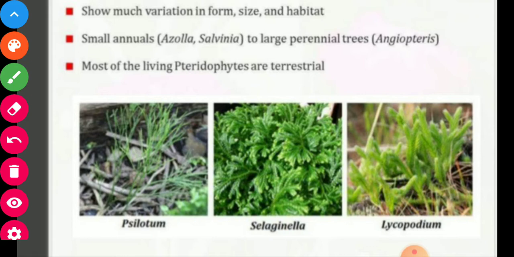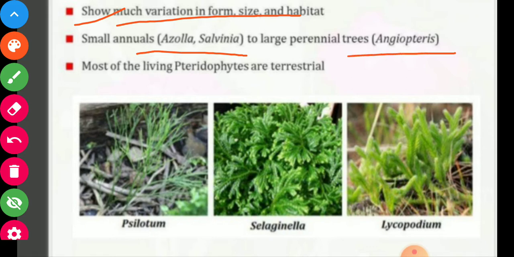They show much variation in form, size and habitat. Small annual plants like Azolla and Salvinia, and large trees like Angiopteris. Most of the living pteridophytes are terrestrial, they are found on the land.